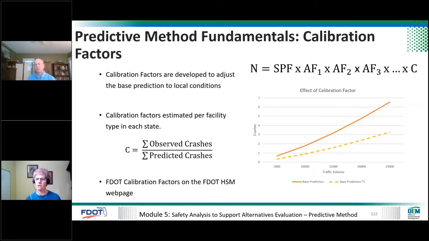There's a lot that goes into it to get the database set up, but fundamentally, the calibration factor is as simple as this. And for Florida DOT, the calibration factors are on your HSM webpage.